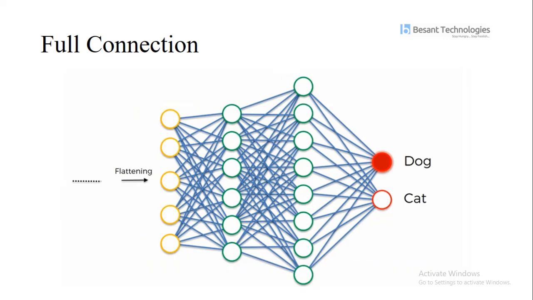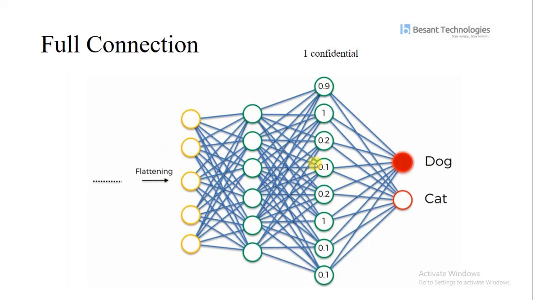When we apply the flattening, it goes to our neural network, and the neural network will predict and give the result. So the values are like 0.9, 1, 0.21, 0.21, 0.1, 0.1. Now we are matching these 1 and 1, which are connecting with the dog. They are not connecting with the cat. So for example, if we have 3 ones here, and 2 are connecting with the dog and only 1 is connecting with the cat, again we will get the dog.